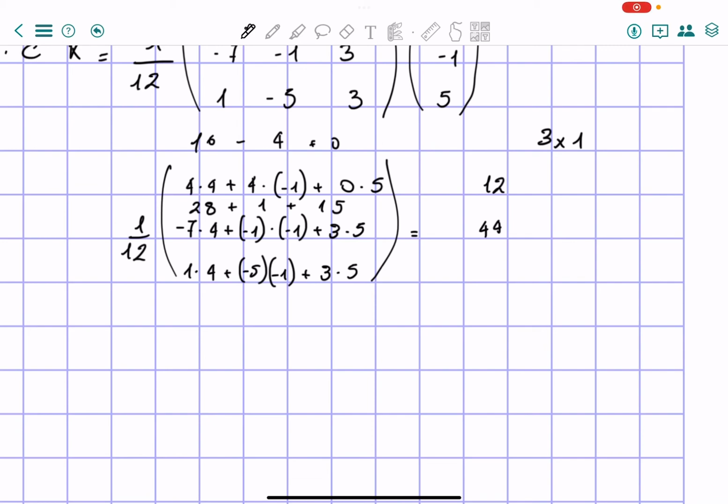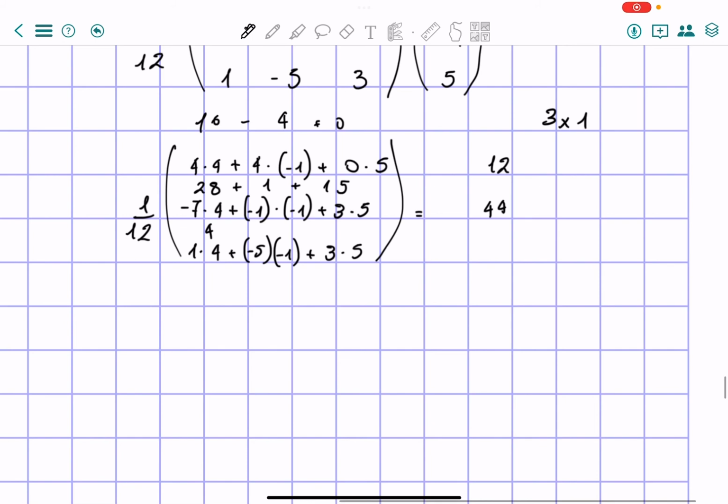That's what you should get. Let me check again. 16. Okay, yeah. And then 4, and then plus 5, plus 15. So we're going to have a 24. And don't forget the 1 over 12 in front.